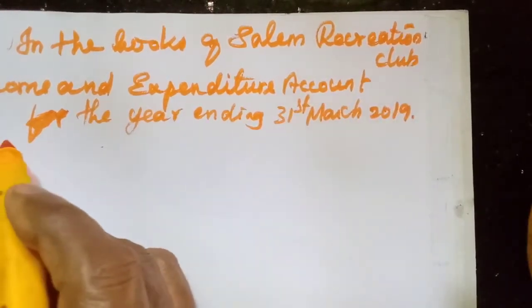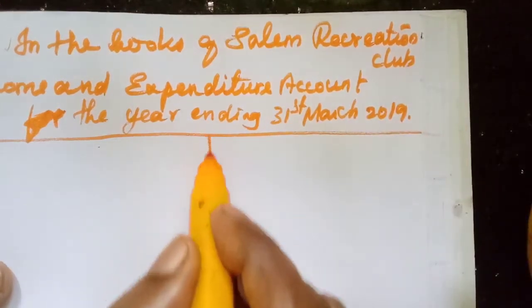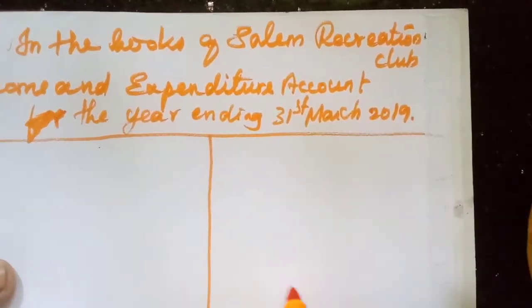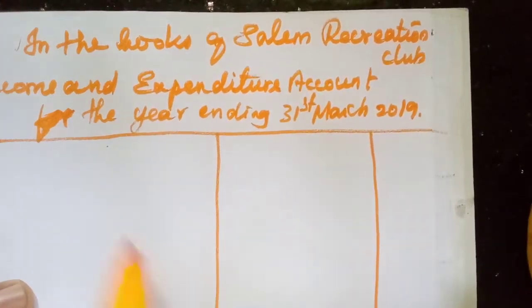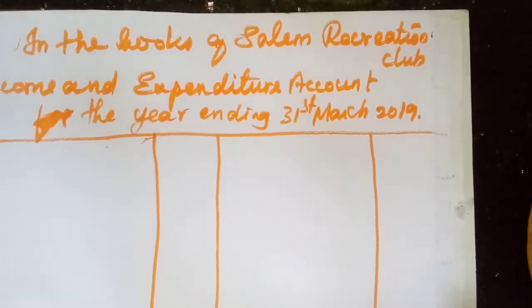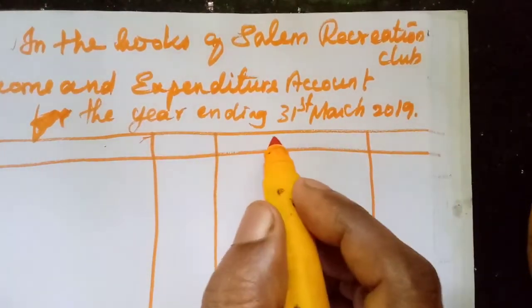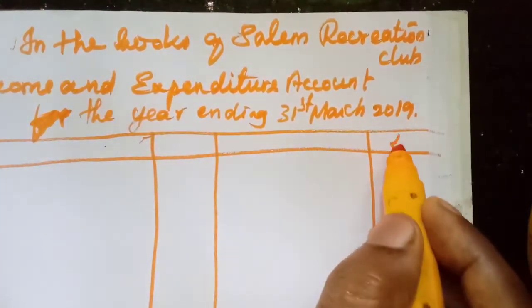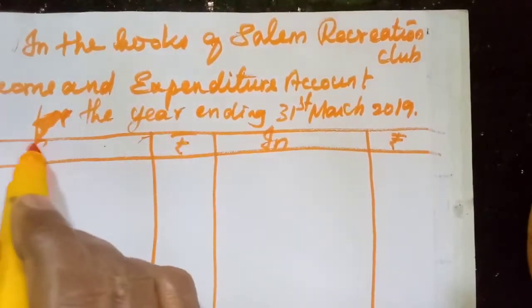Okay, current year is 18-19. Only one amount column I have taken. Since it is one page, you have to use both the pages. Rupees, then this one income, rupees, expenditure.